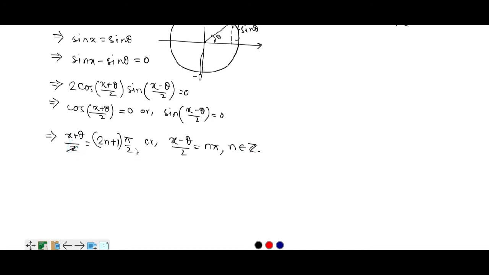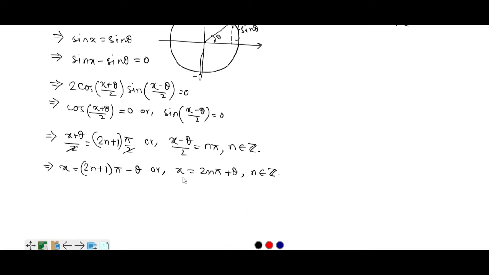So this 2 can be cancelled out and we can write x as (2n plus 1) pi minus theta, or here x is equal to 2n pi plus theta, where n is an integer.